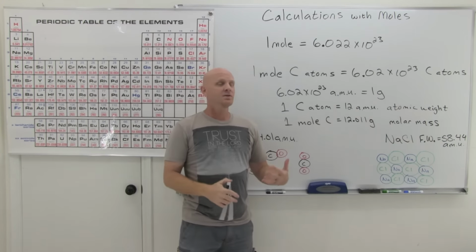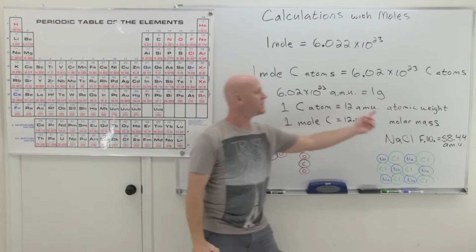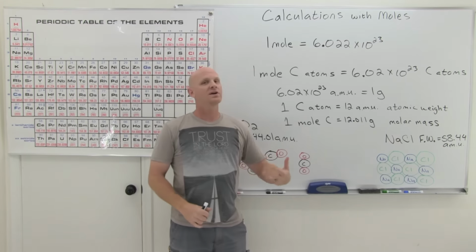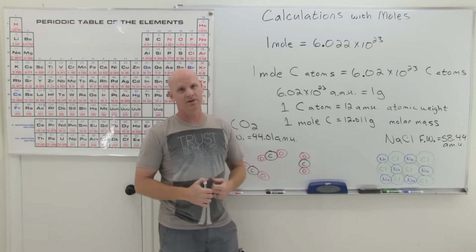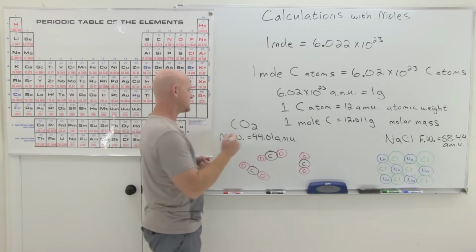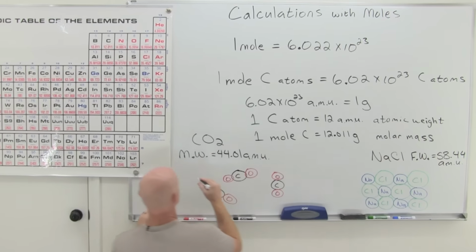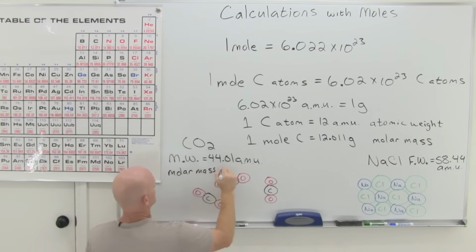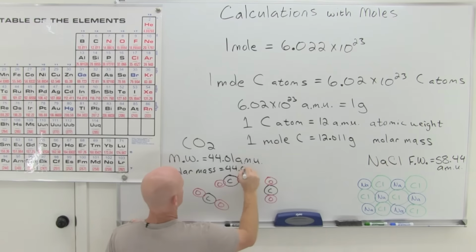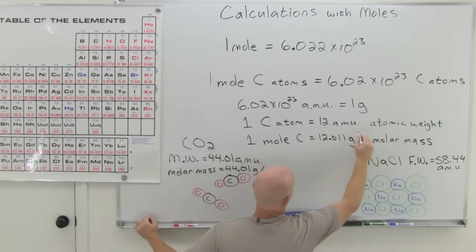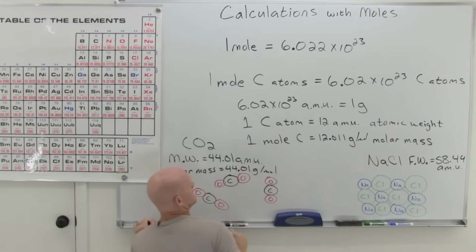Okay, now that's for one molecule or one formula unit, is the way we'd express that. But we can also talk about an entire mole for both of these. If I'm talking about a mole of CO2 molecules, then we'd say a molar mass would be 44.01 grams per mole. Same thing here, we could have said grams per mole.